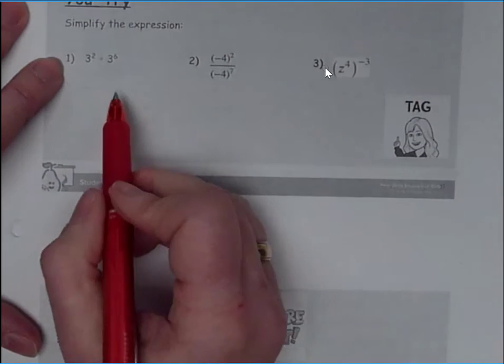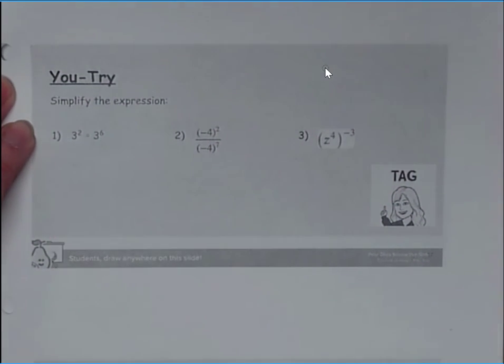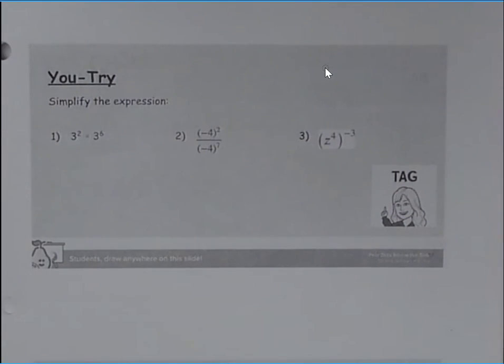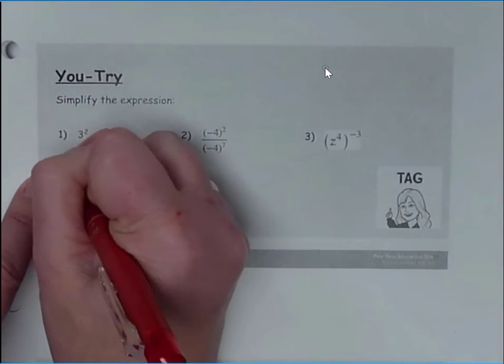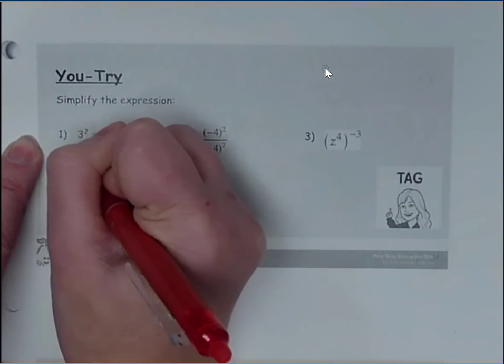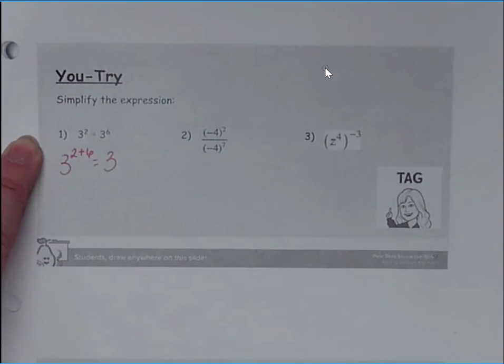So I want you to go ahead and try these. Hit pause. Once you've completed them, go ahead and hit play. All right, well, let's take a look here. Same base, so that means I have 3 to the second power plus 6. So 3 to the 2 plus 6 is 8.